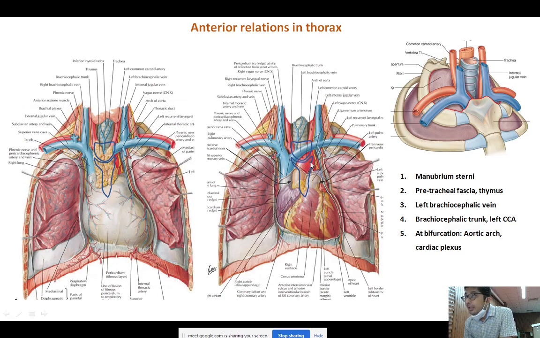See here, this aorta and this vein are lying in this part. Since this is the manubrium sternum, this part is the thorax. But in children, the aorta and this vein will lie above here. So they come in front as anterior relations of the trachea in the neck.